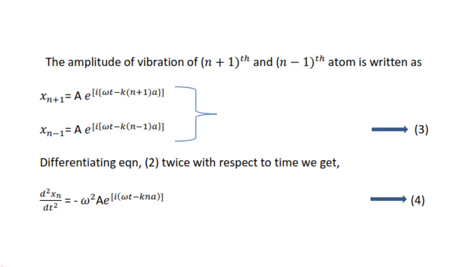That is xn, that is equal to a e power i omega t minus kna.